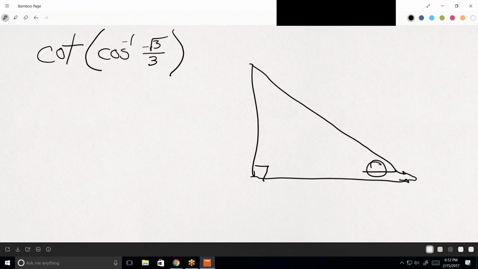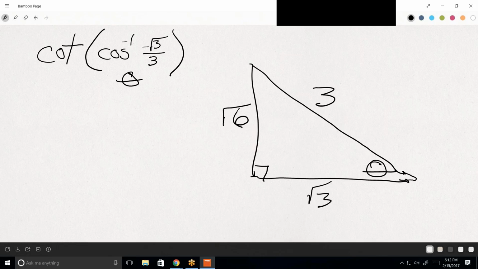You don't have to know what theta is. All you have to be able to do is dimension all three sides of that triangle. Well, give me two of them. The side adjacent to theta is root 3, and the hypotenuse is 3, which makes the opposite side root 6.